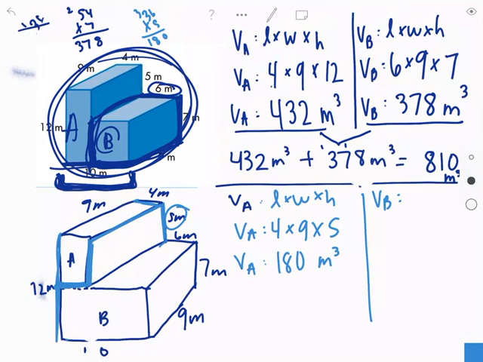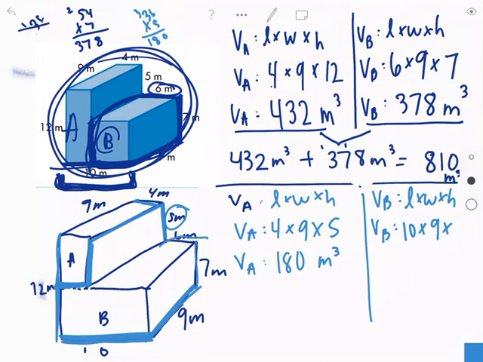So for B, the length would be this side. So now we can use 10 because we're measuring the entire length of B. So 10 times the width, which is 9, times the height.